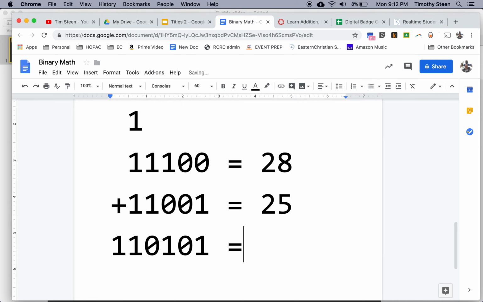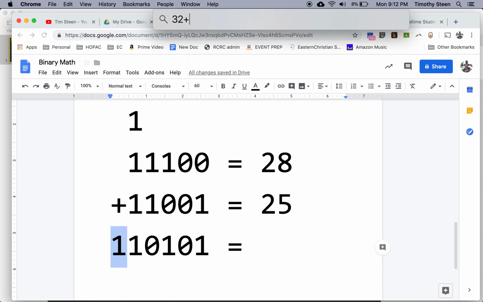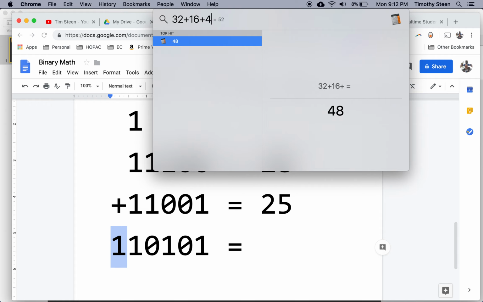So let's see how we did. 110101 is 1 plus 4 plus 16 plus 32. So 32 plus 16 plus 4 plus 1, 53.